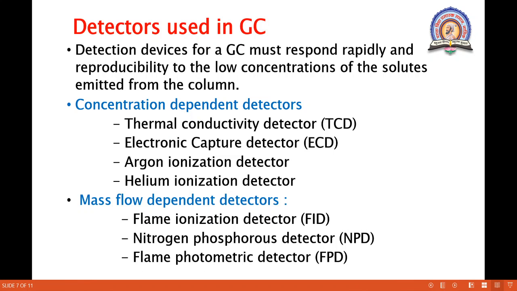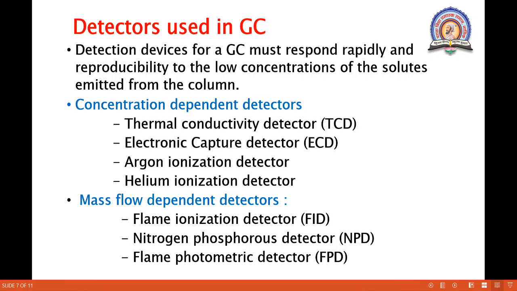Then we see the detectors which are used in GC. Detection devices for the GC must respond rapidly and reproducibly to the low concentration of the solutes emitted from the column. These detectors are divided into two categories: concentration dependent detectors and mass flow dependent detectors.